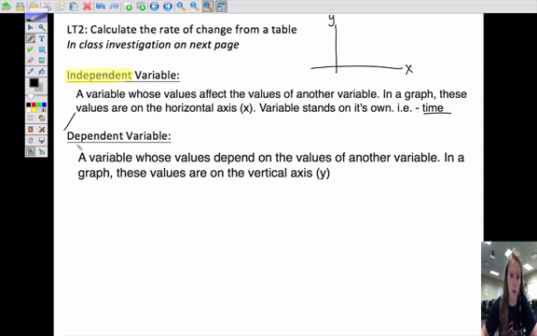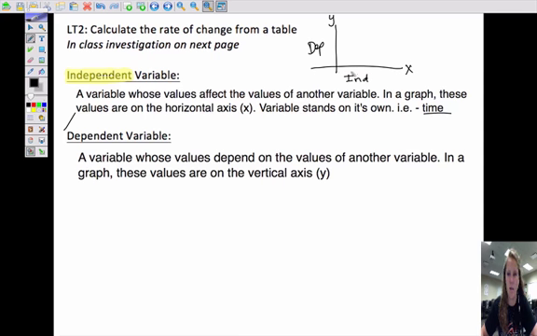The other one is called the dependent variable. It's a variable whose values depend on the values of another variable. So the independent variable is the x variable, and the dependent variable is the y variable.